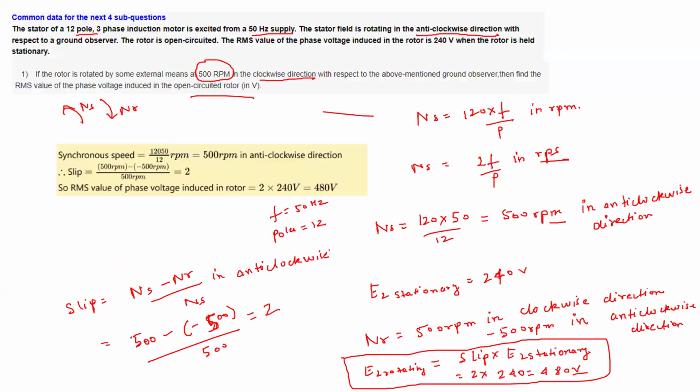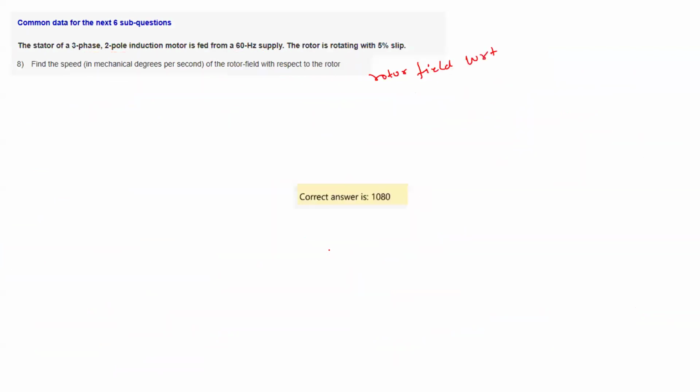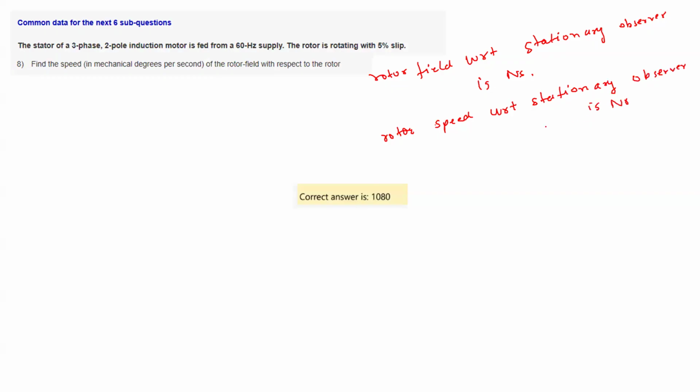But here, first of all, we know that the rotor field with respect to the stator or stationary observer is Ns, and the rotor speed with respect to the stationary observer is Nr. So they're asking you to find Ns minus Nr.